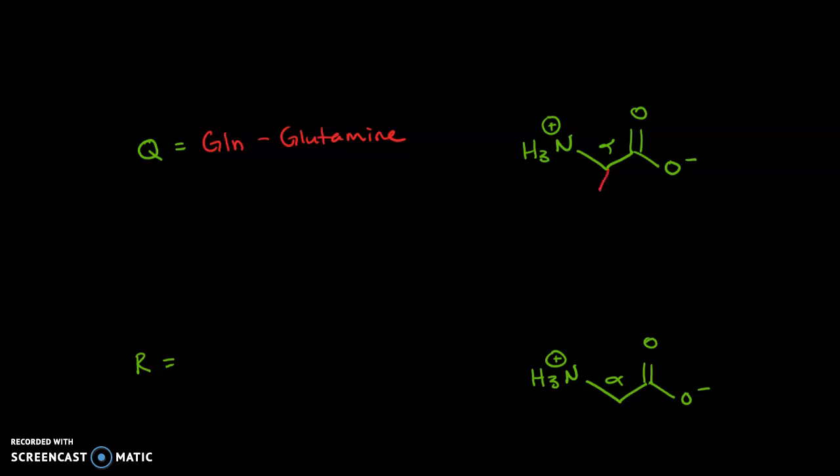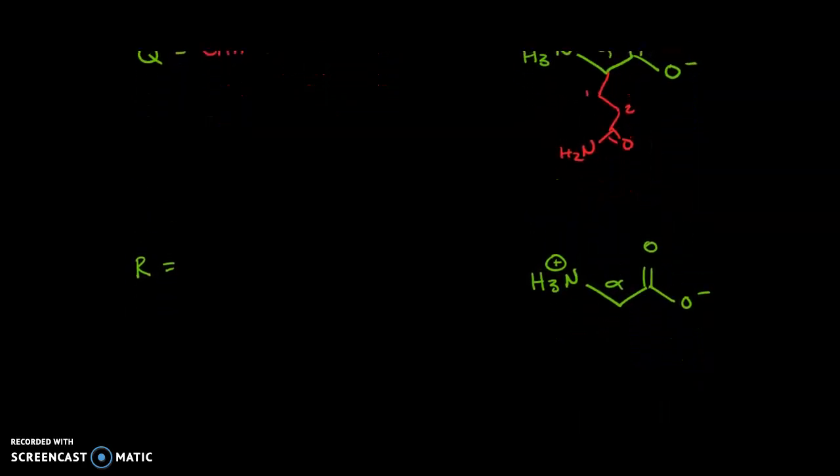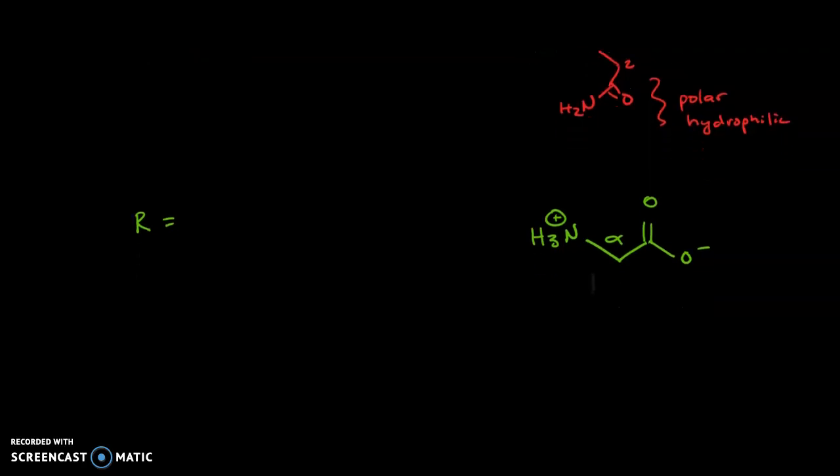Remember, there's one asp and two glutes, so one carbon, two carbons coming out to that terminating amine group, that NH2. I've drawn that poorly. NH2, that terminating group down there. Now this one is polar hydrophilic. It likes to interact with its surroundings.